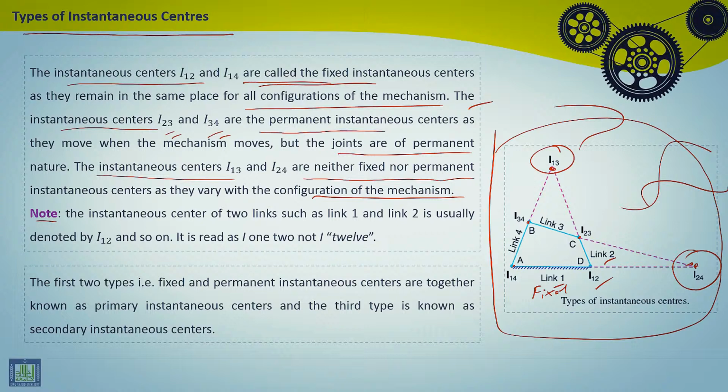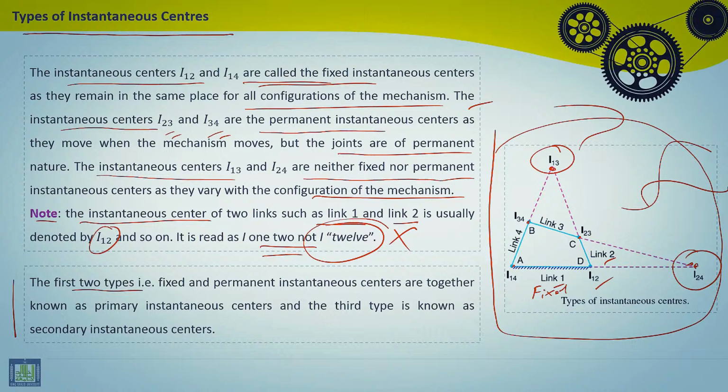As a note, the instantaneous center of two links, such as link 1 and link 2, is usually denoted I1,2, and so on for other links. So it is read as I-one-two, not I-twelve, be careful.